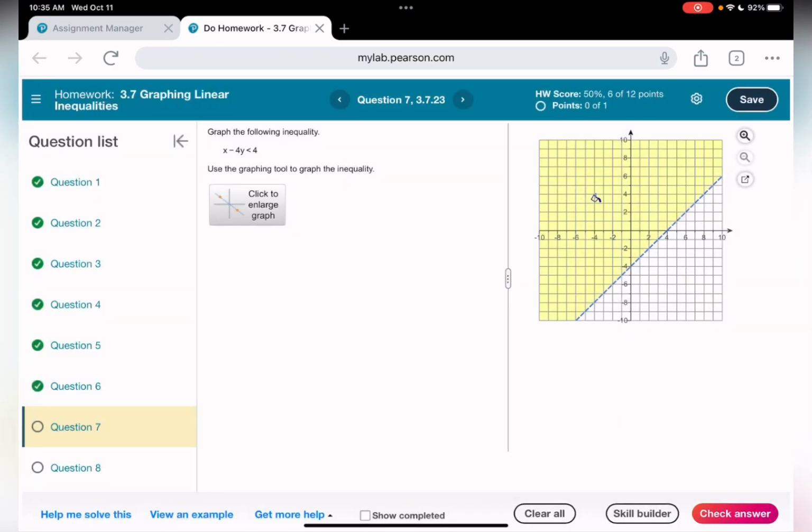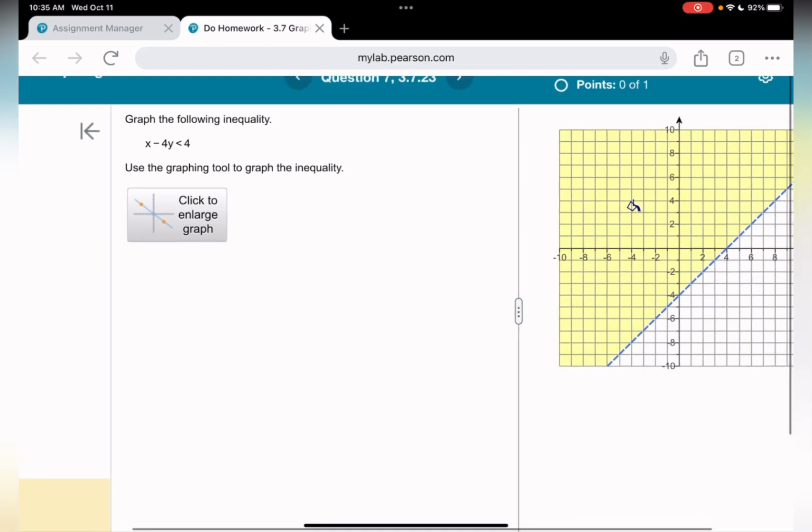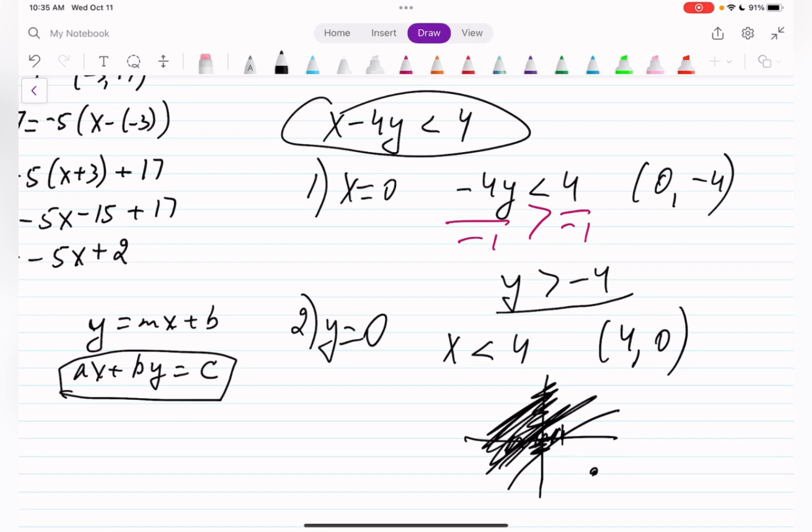Interesting. X minus 4y less than 4. Let's go check it again. We have dashes. Let's see what silly mistake we did there. X is 0, negative... Okay, y is greater than negative 4. Okay, y is 0. X is less than 4.